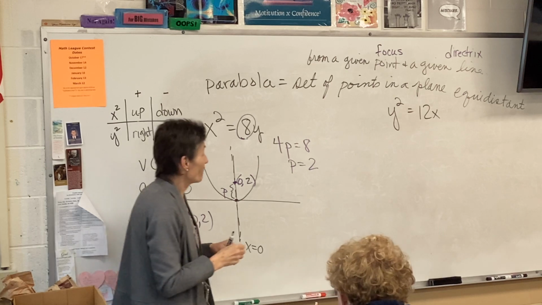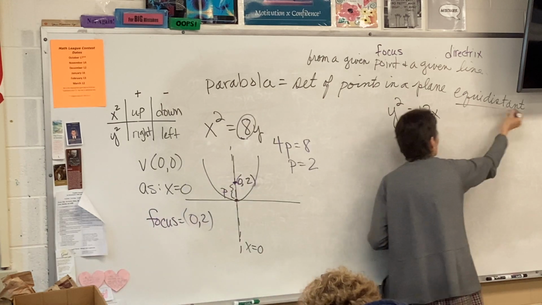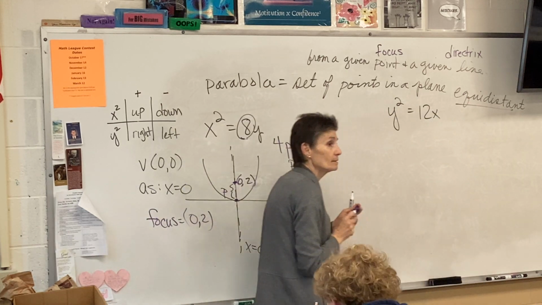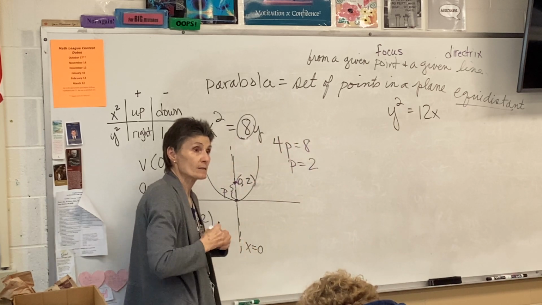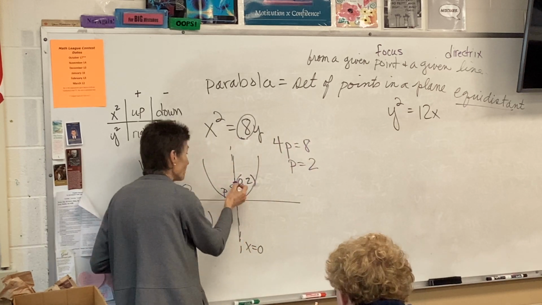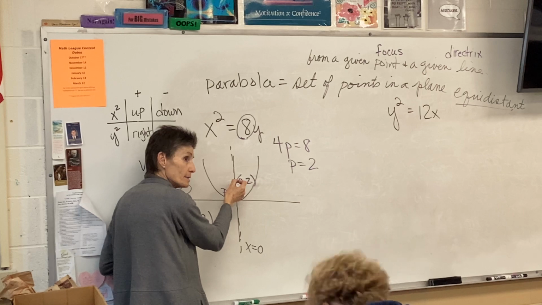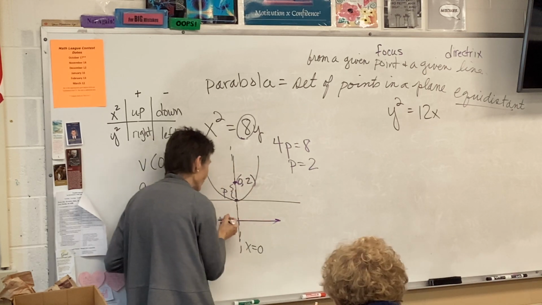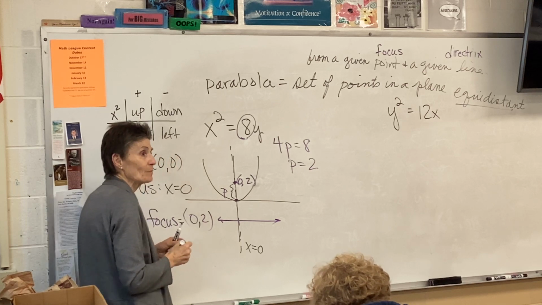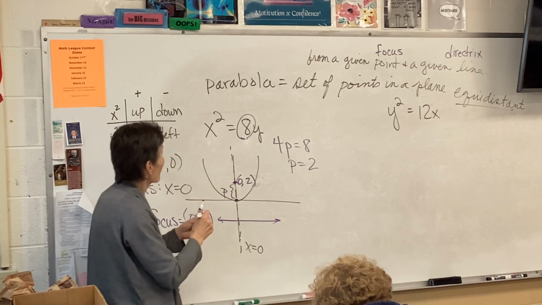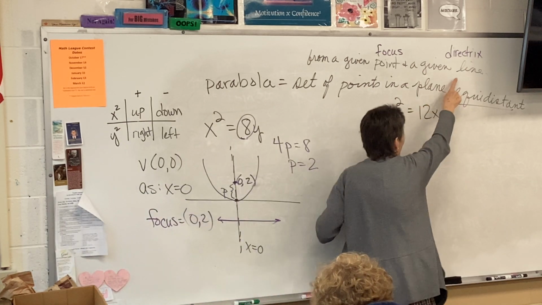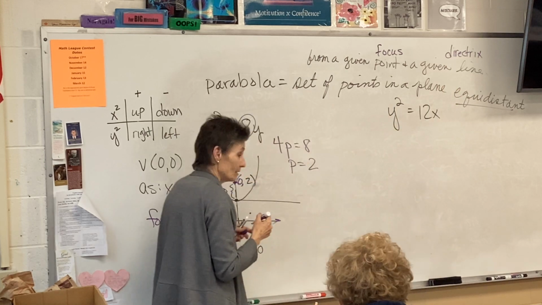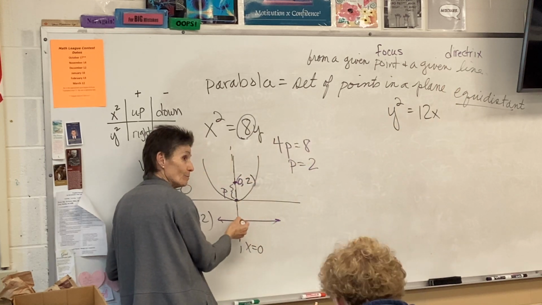Now, remember the definition? You're equidistant from the focus and the directrix. So if I went up 2 to get my focus, I'm going to go down 2 to get my directrix. Now, the directrix, remember, is a line. But it's down 2.